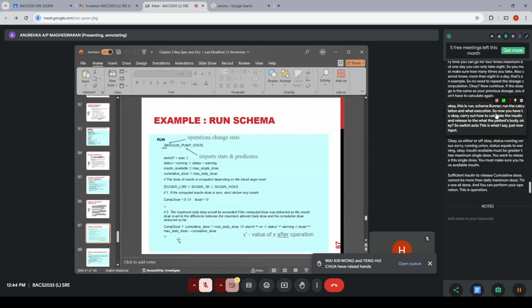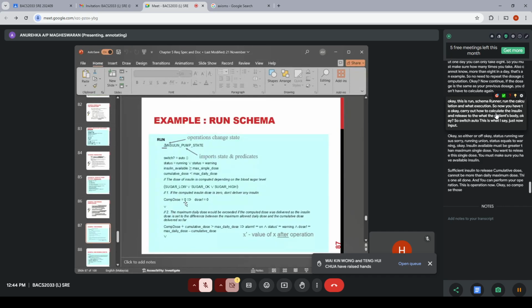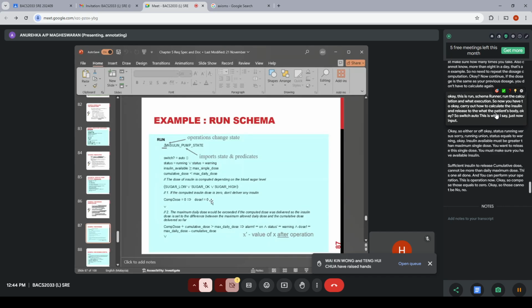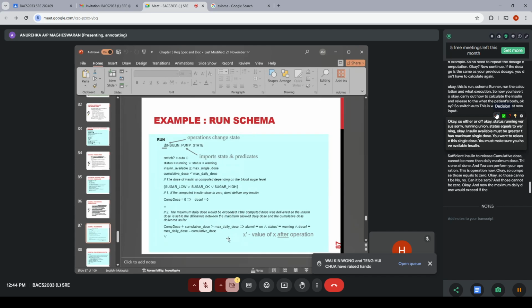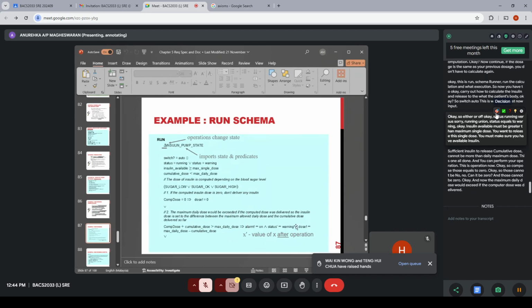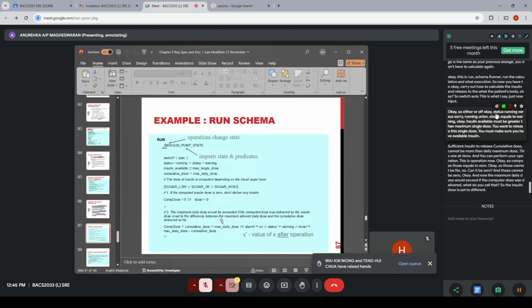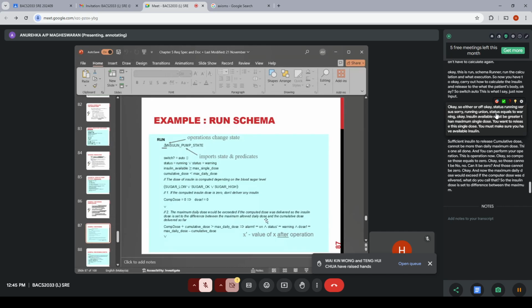This is the operation now. Okay, so computed dose equals 0. Dose cannot be 0. Okay, and now the maximum daily dose would be exceeded if the computed dose was delivered. So the insulin dose is set to the difference between the maximum allowed daily dose and the cumulative dose delivered so far.